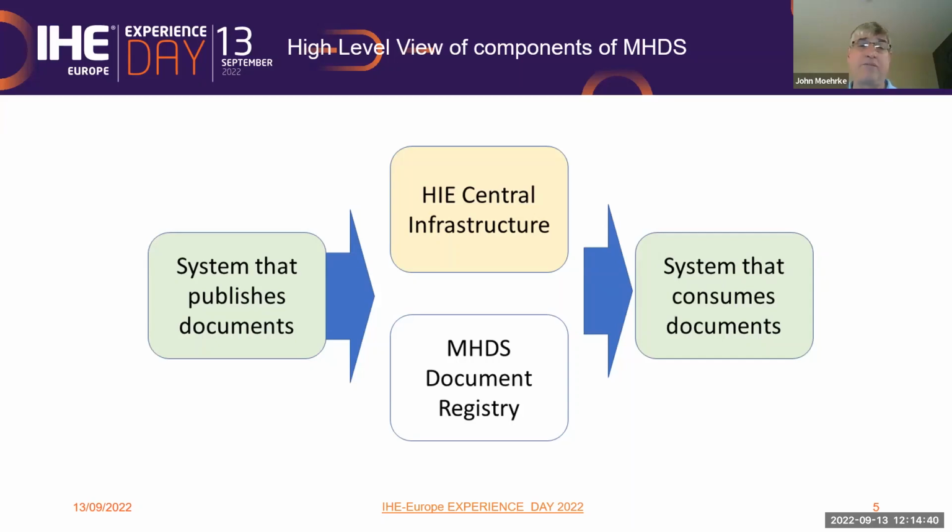So on the left, you have systems that want to publish documents, that need to publish documents. On the far right-hand side is systems that want to consume documents. So they want to be able to query for documents and consume documents. And then in the middle, we have some glue stuff.